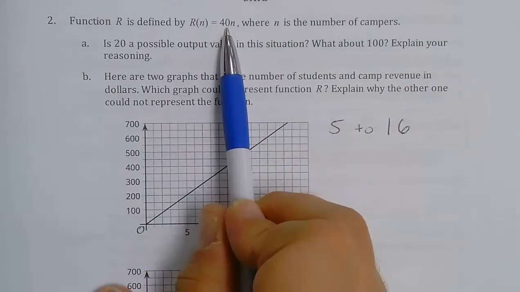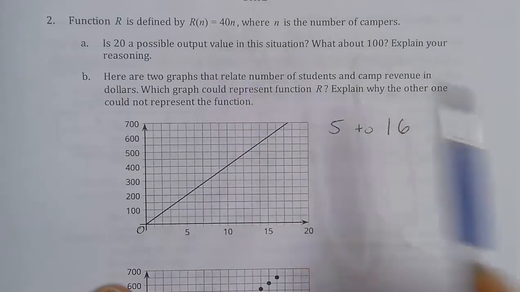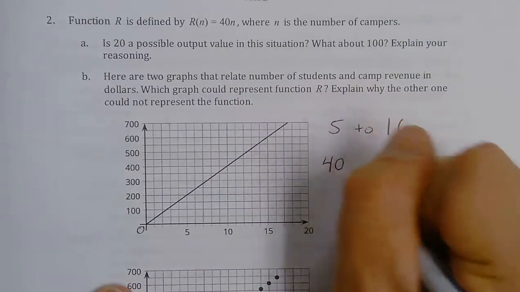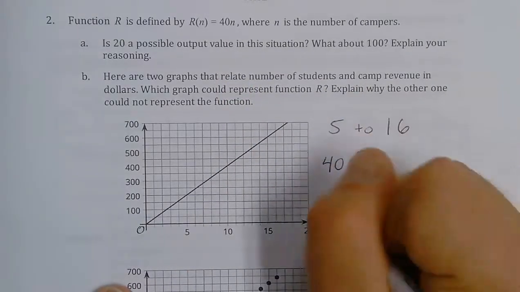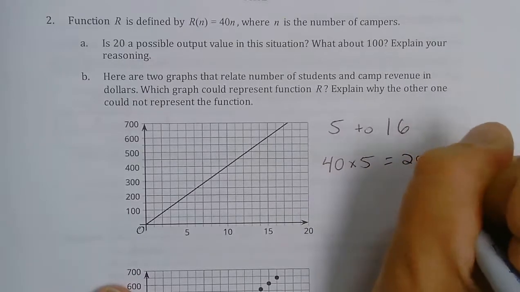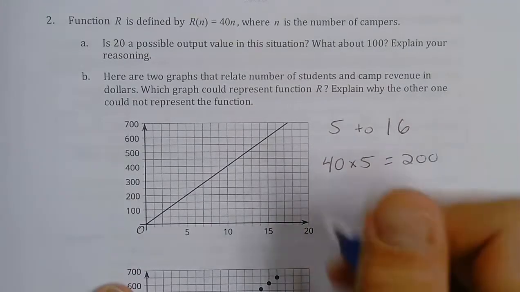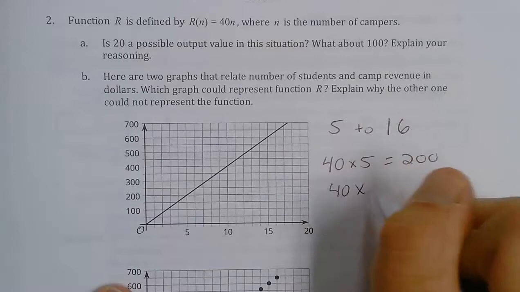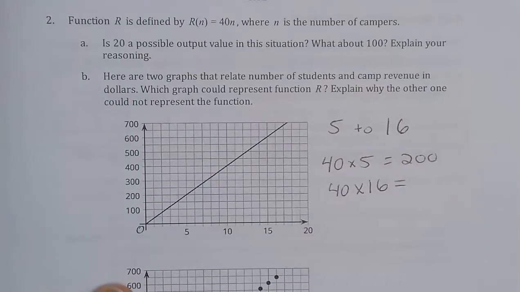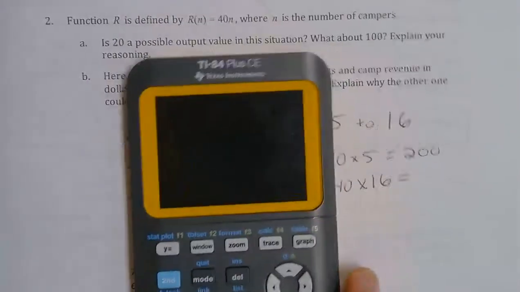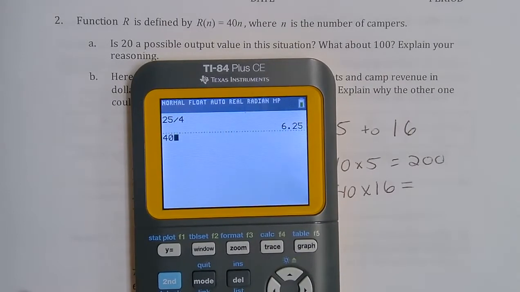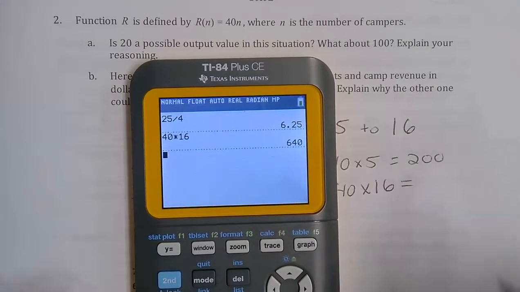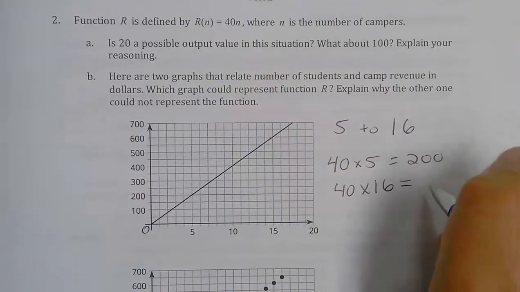So if you look here, if we did 40 times 5, that gave us 200. And if I did 40 times 16 campers, that would give us $640.